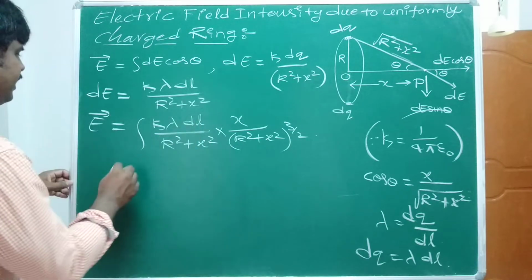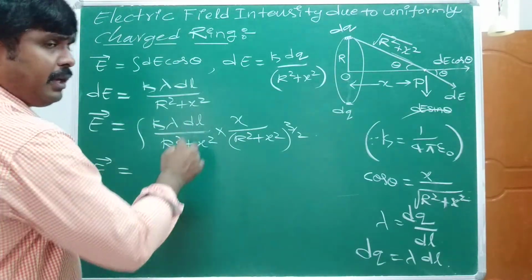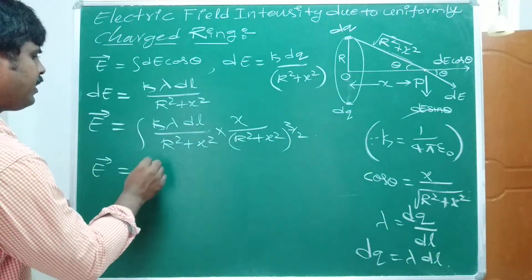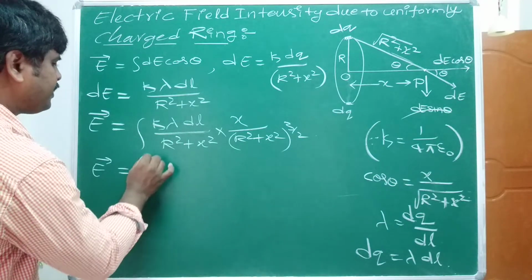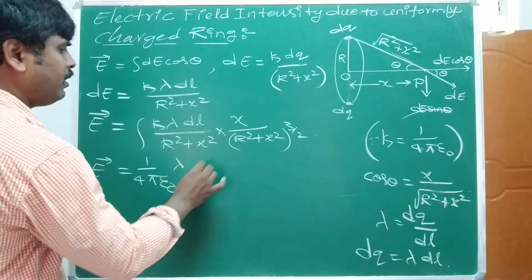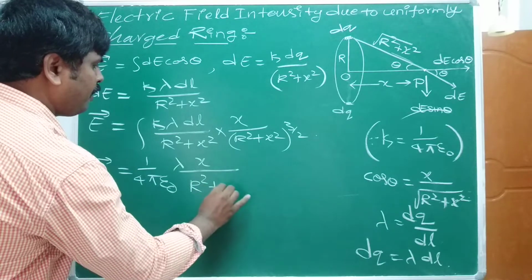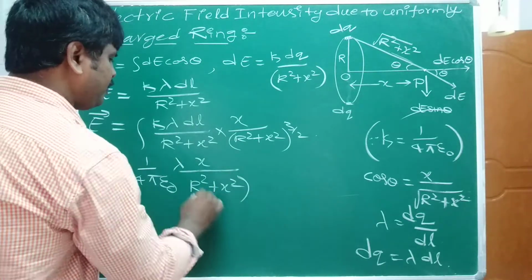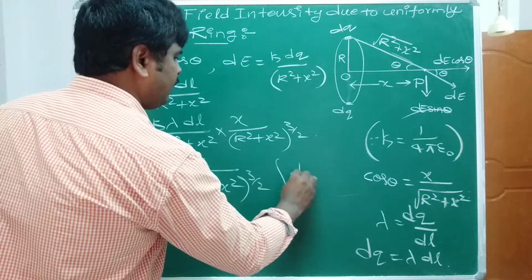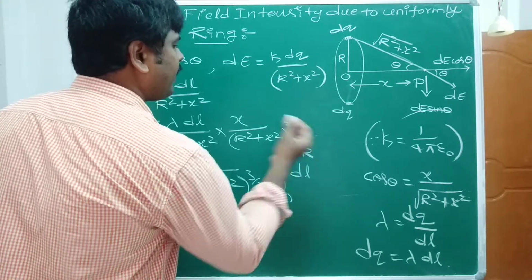Then E bar equals, since only dl is integrated, all the remaining terms are constant: k, that is 1 by 4 pi epsilon naught, lambda into x divided by r square plus x square whole to the power of 3 by 2, times the integral of dl from 0 to 2 pi R.